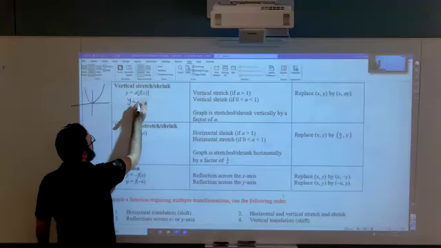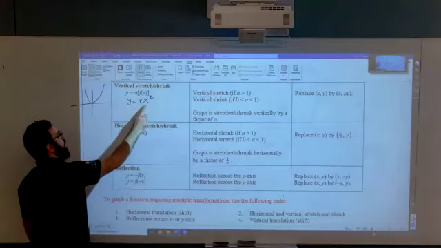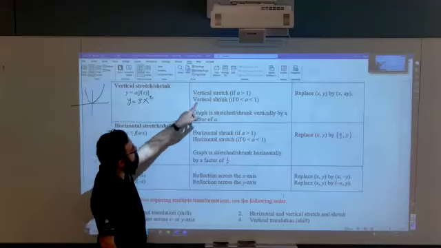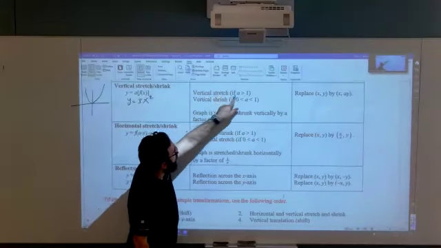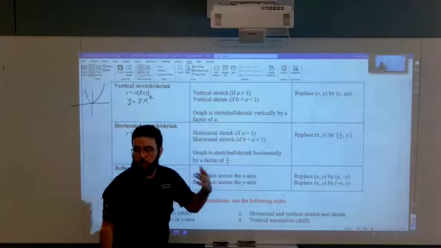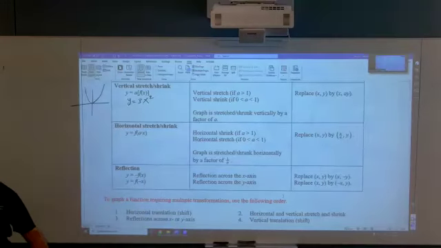If you have y equal 3x squared, there is a number outside the function, so I know it's a vertical stretch or shrink. But vertical stretch, if the number is greater than 1, it's 2, 3, 4, 5, 6, it's greater than 1.